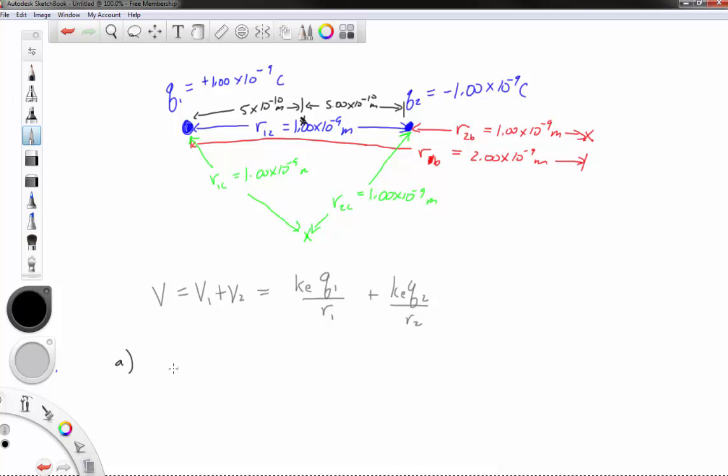So for case A, we have R1 is equal to R2 is equal to 5.00 times 10 to the minus 10 meters.